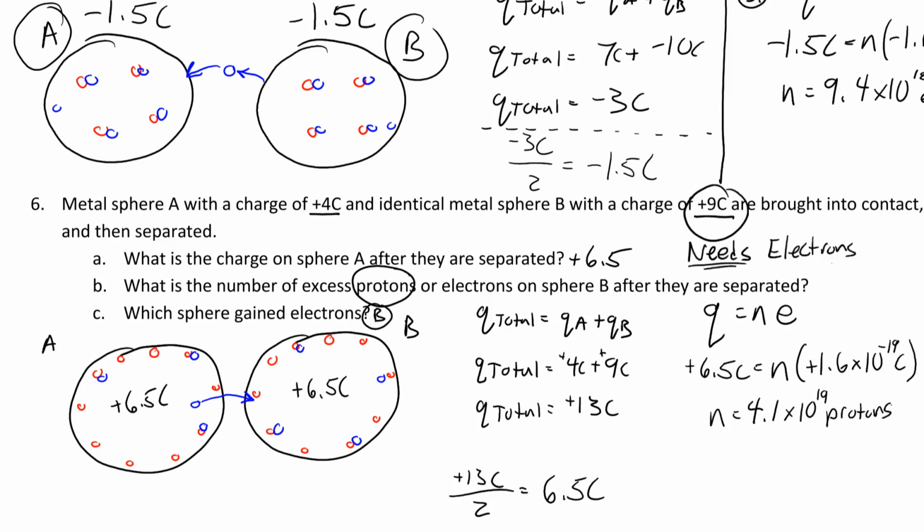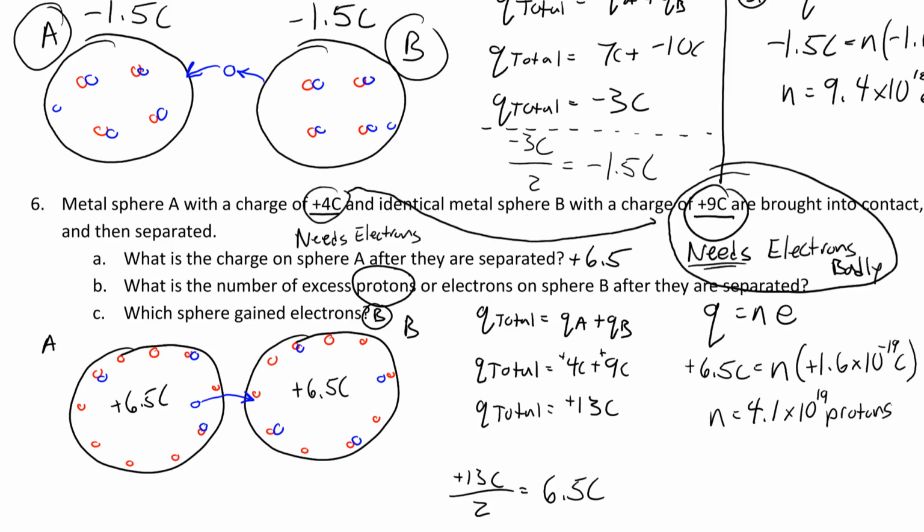It needs electrons badly as compared to this one. I mean, yeah, this one needs electrons in order to be neutral, but sphere B really needs the electrons. So this one has enough electrons to give this guy, and they wound up being positive 6.5 coulombs each.